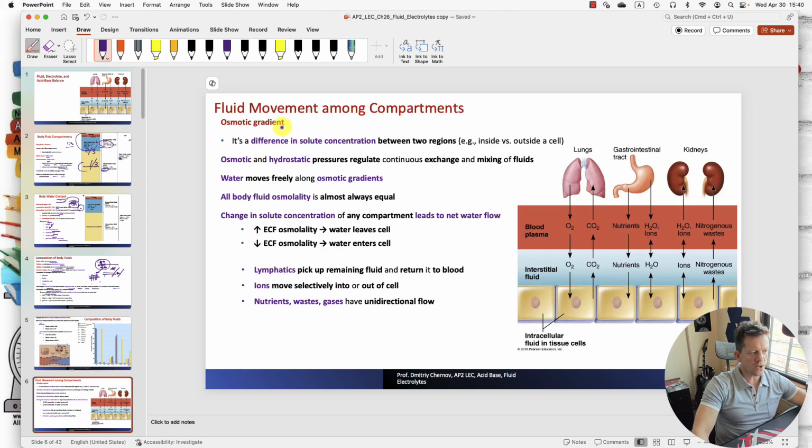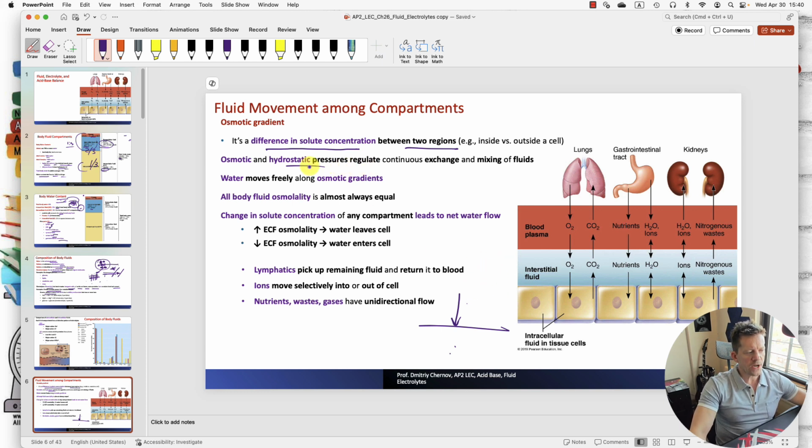So the osmotic gradient is the difference in solute concentration, separated by the membrane between two regions, which is inside or outside of the cell. Osmotic and hydrostatic pressure: osmotic pressure is the pull towards the highest concentration of the solute. And the hydrostatic pressure is the pressure that is applied on the wall of the vessel or of the cell.